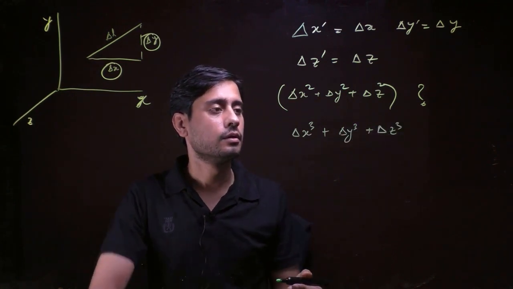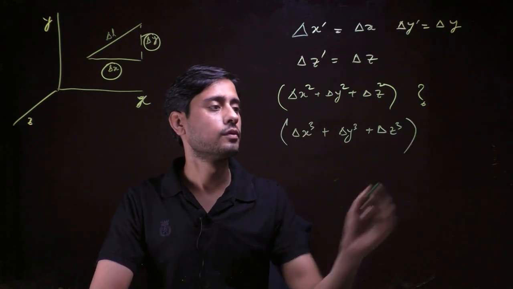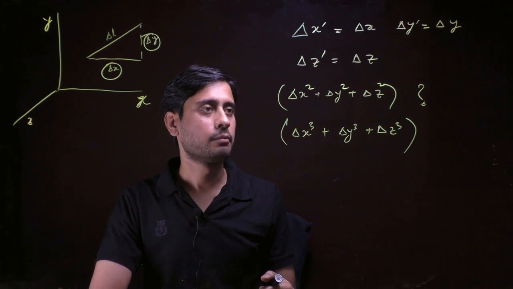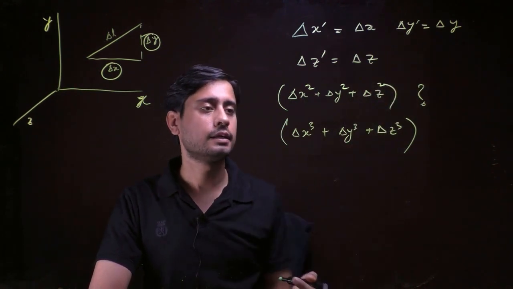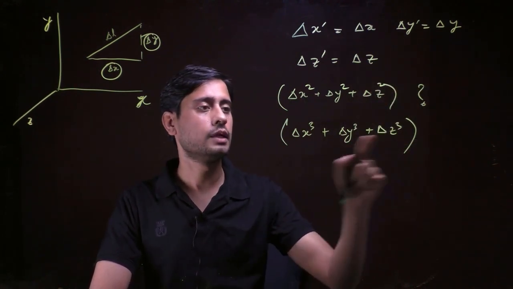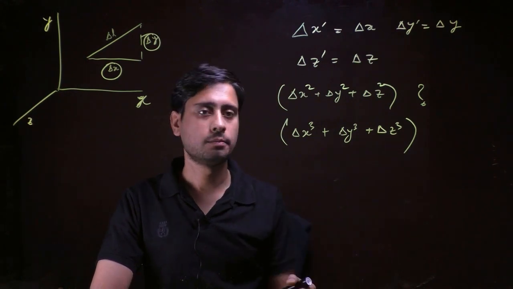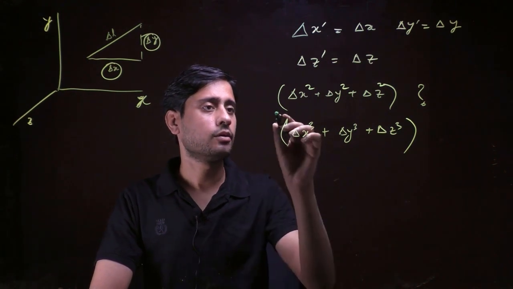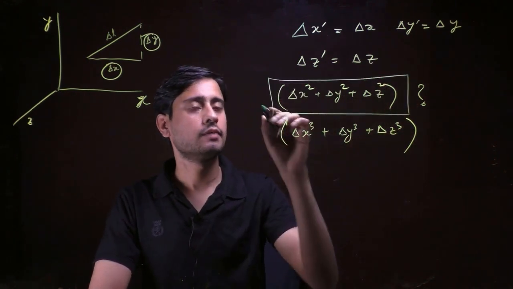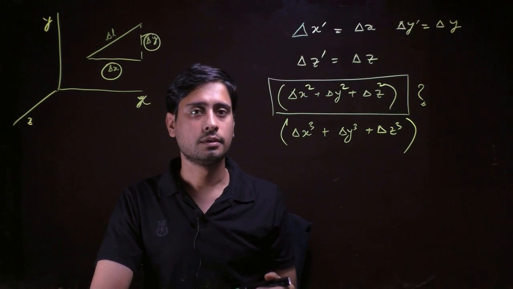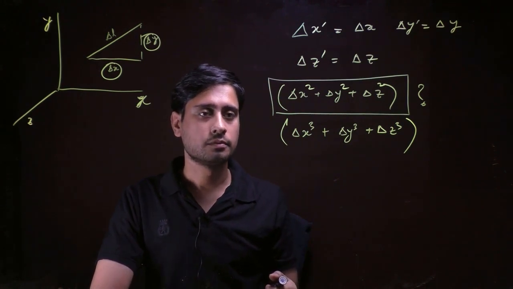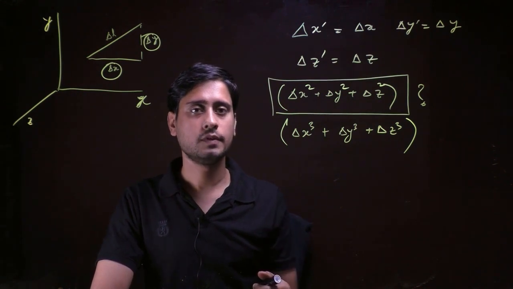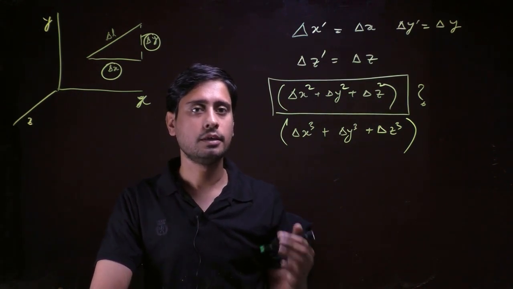You can make many such forms which seem to be invariant, because the three components are the same. So delta x prime cube, delta y prime cube, and delta z prime cube will remain the same. But this is not the quantity which remains invariant in three-dimensional space. So we will search for what is the quantity which remains invariant in three-dimensional space.